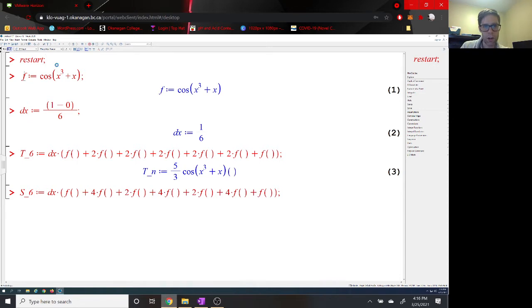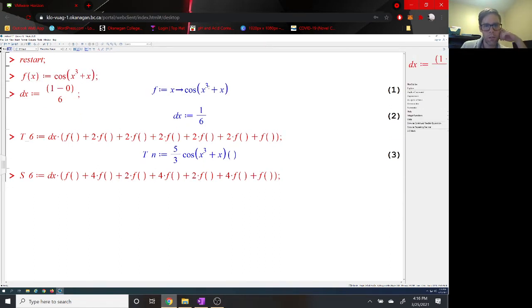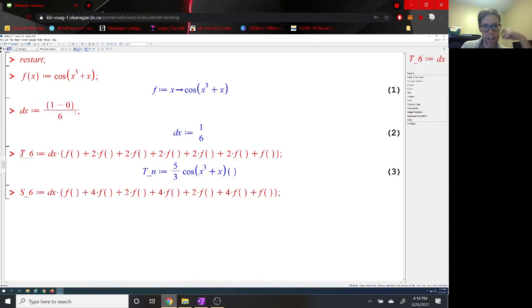So of course, just having our restart command here, inputting that function f that we're working with, I'm deciding not to do, let's see, what do I want to do here? I actually do want to do the f of x command here. Okay, so I have my function set up. I have my dx set up as 1/6. And then I have the trapezoid rule with 6 intervals set up.